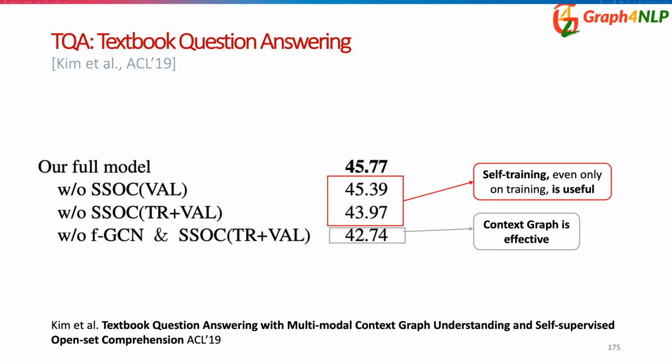And you can see the model performance numbers are much lower than what we have seen before for other machine reading comprehension tasks. This clearly shows this is a particularly challenging type of reading comprehension task. So I think maybe we can spend a bit more effort on this kind of challenging task in the future.